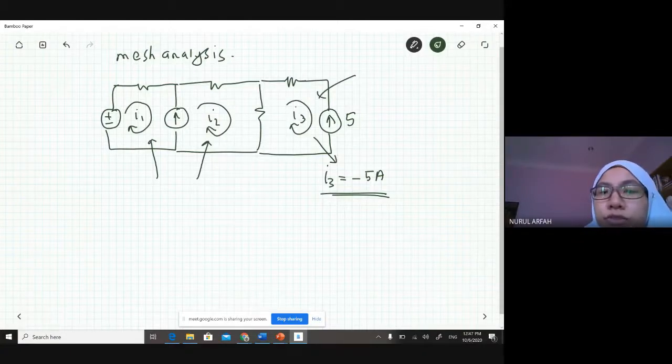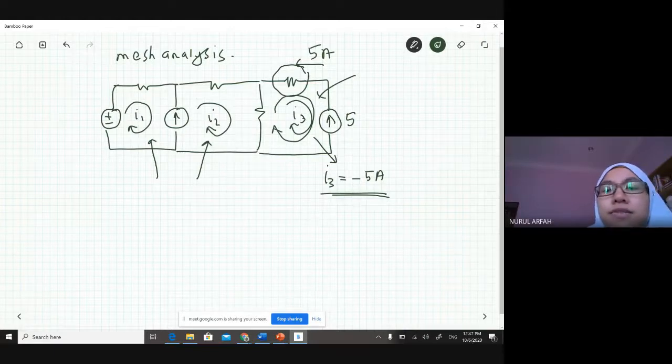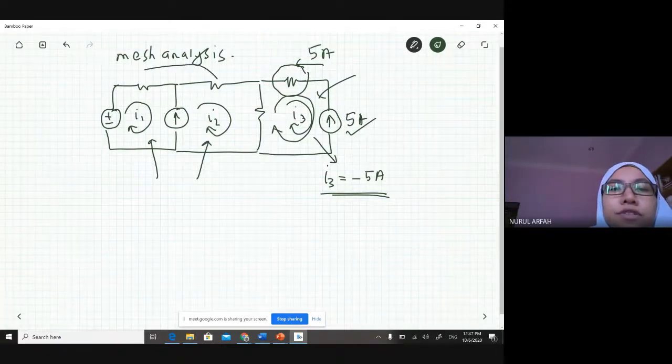So you don't need to build up any equation, even though you have resistor here. Okay, why not? Because this resistor have the same current, 5 amps. So if you build up equation KVL around this loop, you will get a wrong answer because there is current there. Okay, so only focus on these two.